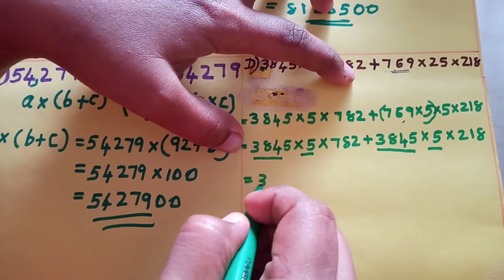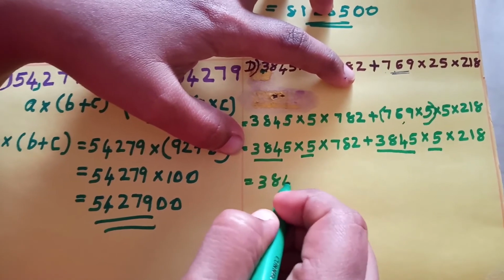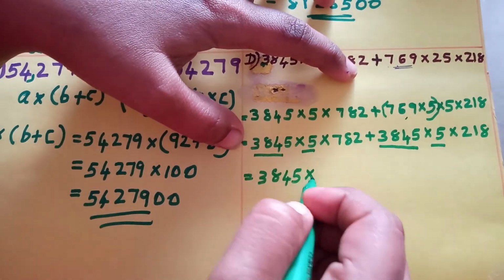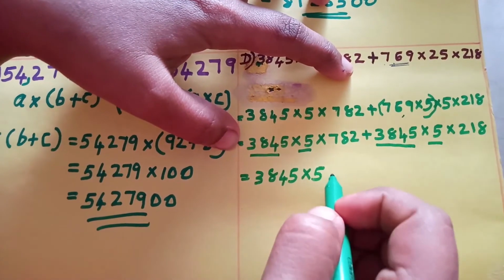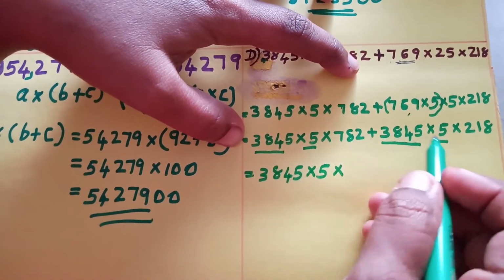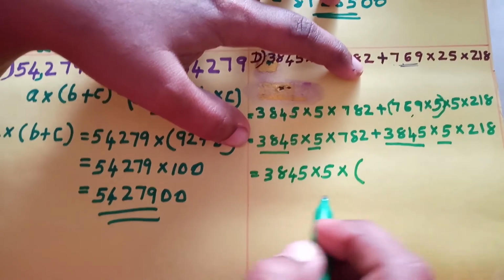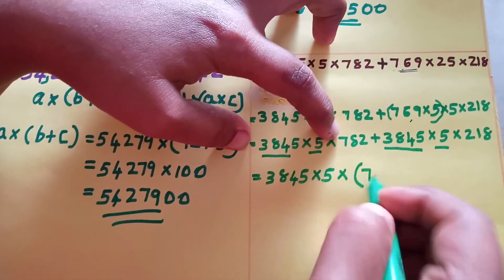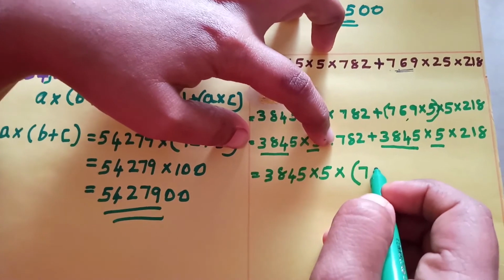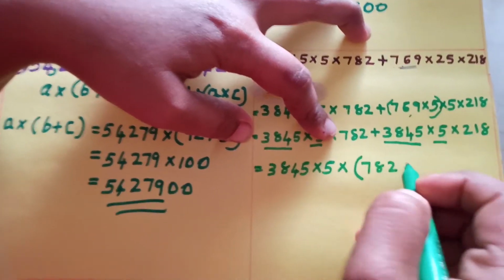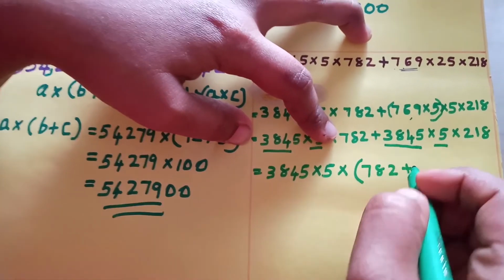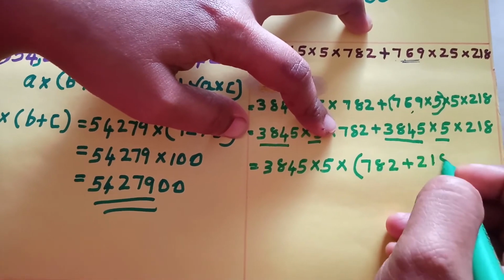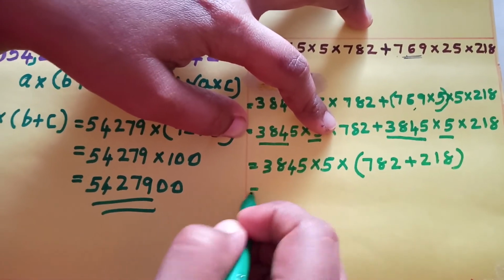So 3,845 into 5 is common for both sides, into the remaining factors, which are 782 plus 218.